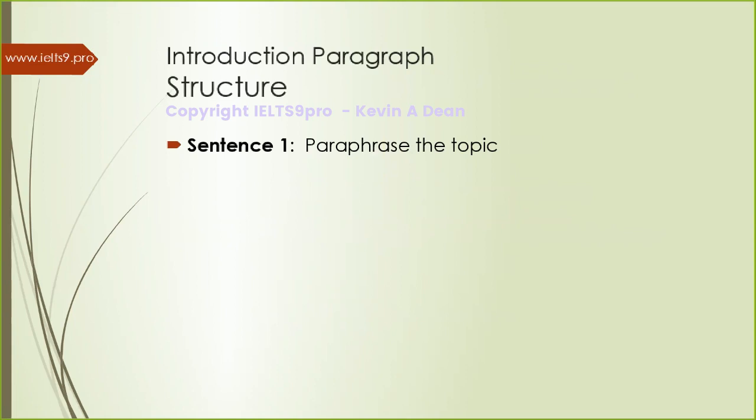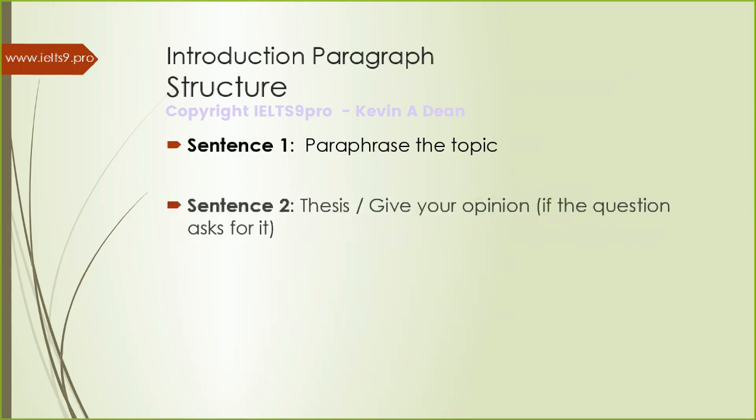Well, sentence 1, you simply paraphrase the topic. We don't want any, it is a controversial topic these days, it is a phenomenon nowadays. We don't want any of that. Simply restate the topic, and that's it. Sentence 2, what's the opinion, what's the thesis, the position the essay will take?